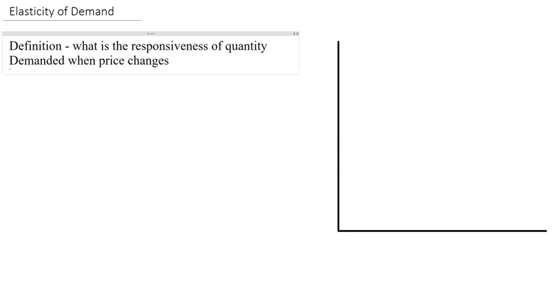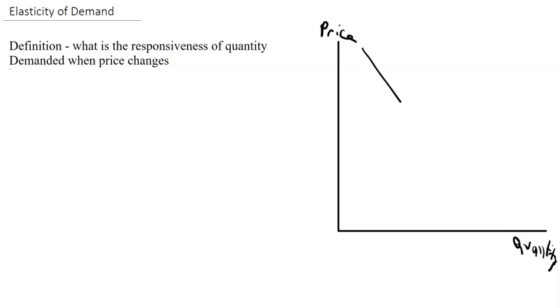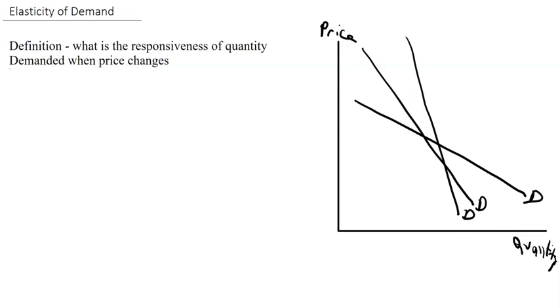Now, the reason why we use it is, let's say we're looking at demand curves. We have our price and our quantity. This could be a demand curve. A demand curve is always downward sloping, as we said. This could be a demand curve, or it could be something like this, a very steep demand curve. All these are demand curves, but you see the slope is different.